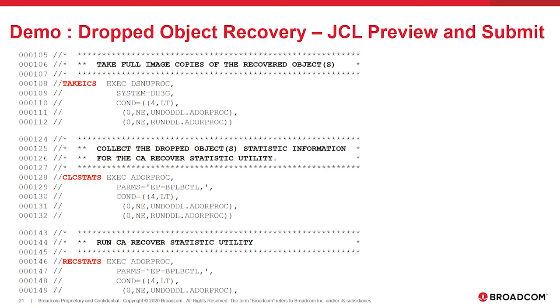The step take ICs will take a full image copy of the recovered object, for each object of course. The step collect stats will collect the dropped object statistics information for the recover statistics utility. And the last step, rec stats, runs the recover statistics utility. Now you just have to submit this job and it's done.